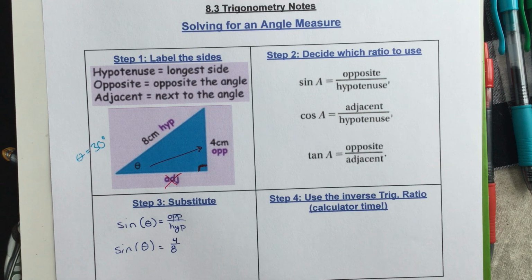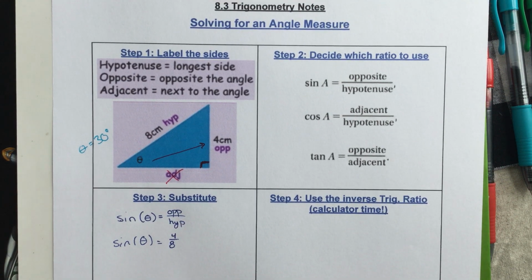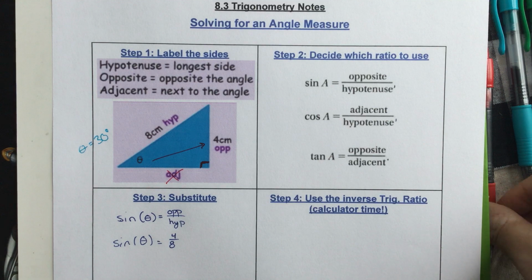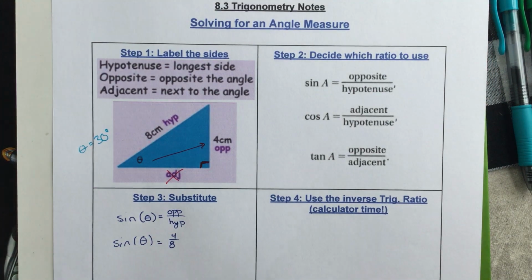You can leave it like 4 over 8 for now, but just want to let you know you can write that as 1/2. Now at this point, we are going to have to solve for theta, the missing angle measure. And anytime you're trying to isolate a variable, in this case our theta, you do the inverse operation. Just as if you saw division, it would be multiplication. Just like if you saw addition, you would subtract.